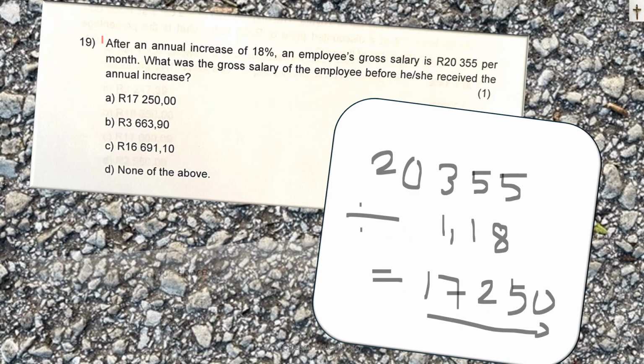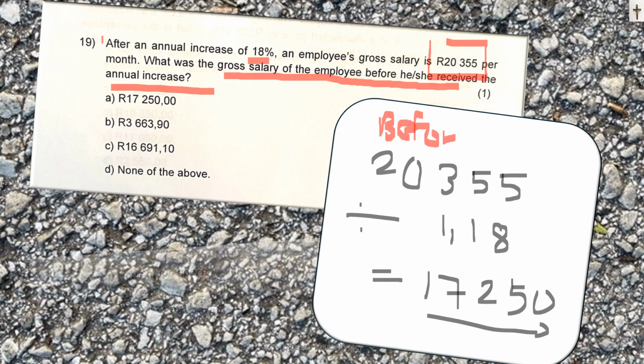After an annual increase, nice, 18%, an employee's gross salary, gross before deductions, for the month is 20,355. What was the gross salary of the employee before the increase? Okay, what happened was there was an increase. So it was by itself plus the 18%.